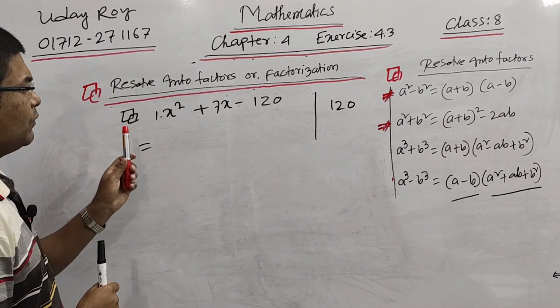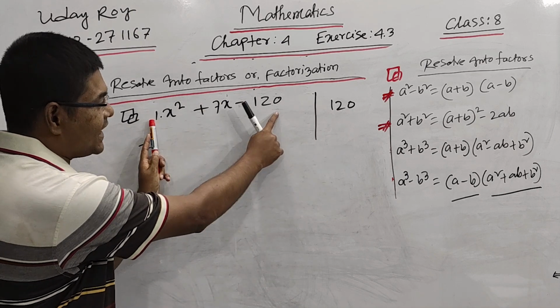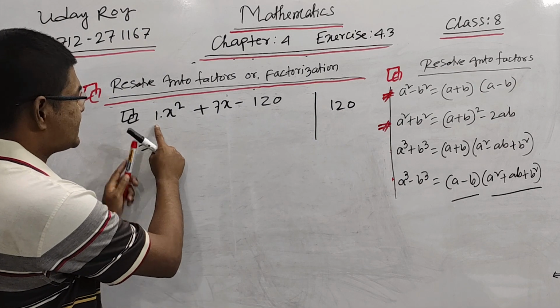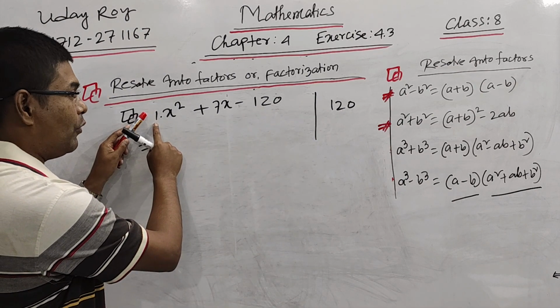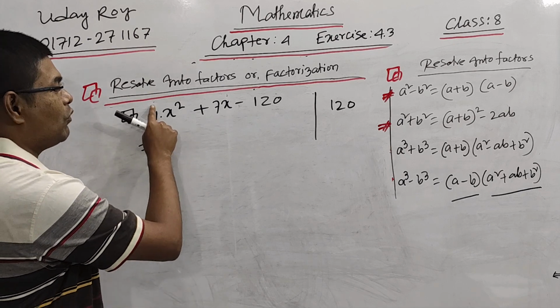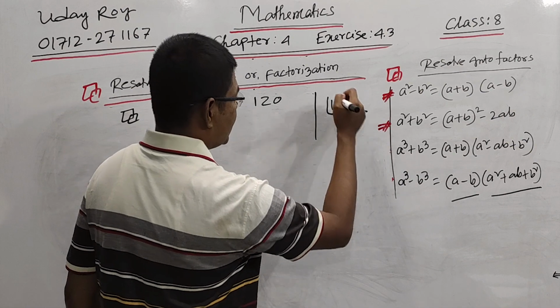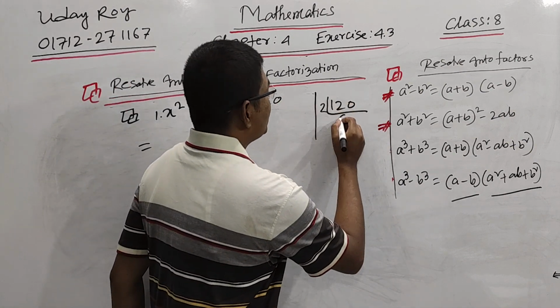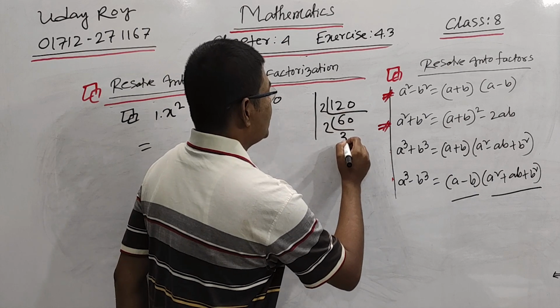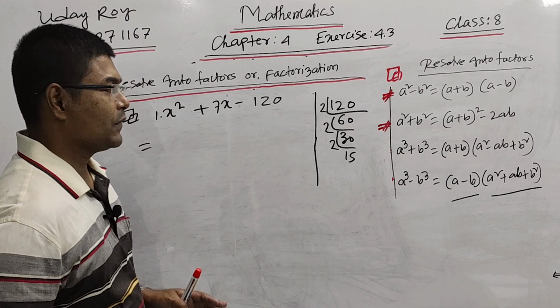So you have to be careful. First and last, you have to multiply first and last. Here first is 1. If no coefficient, you have to think here is 1. So 1 into 120, we have got 120. Now break it. Here is 2, 60. 2, 30. 2, 15.